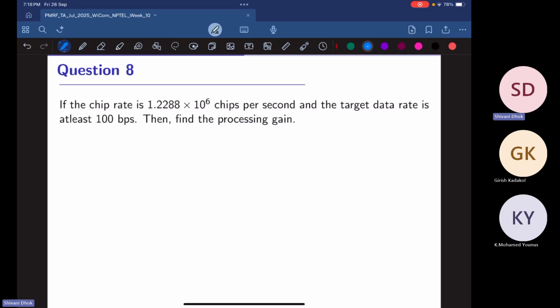This question says that if the chip rate is 1.2288 into 10 raised to 6 chips per second and the data rate is at least 1000 bits per second, then find the processing gain. So the processing gain is nothing but your Q, that is your spreading factor.